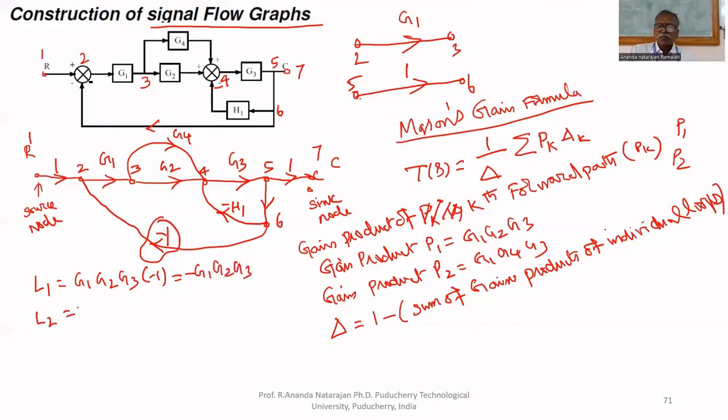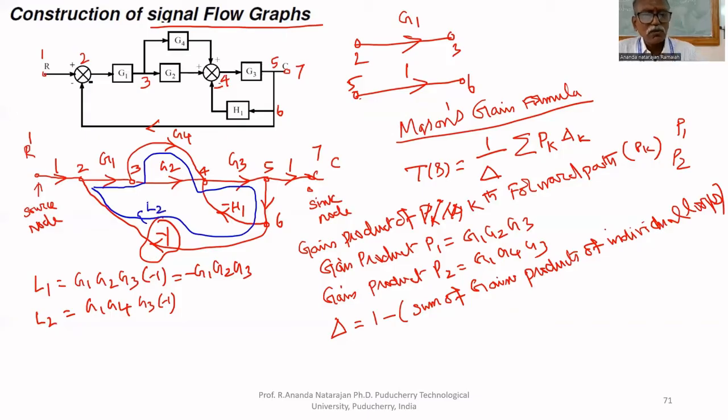L2, the second loop, is another individual or single loop. Its gain product is G1, G4, G3 and minus 1. How am I traveling? G1, now G1, G4, G3, then I am coming here. This is the second loop, L2.